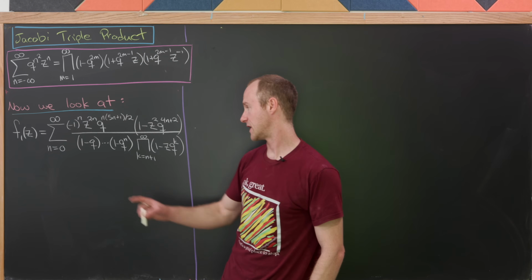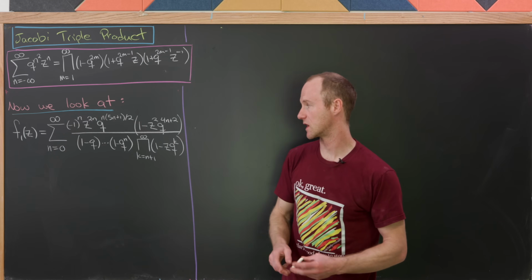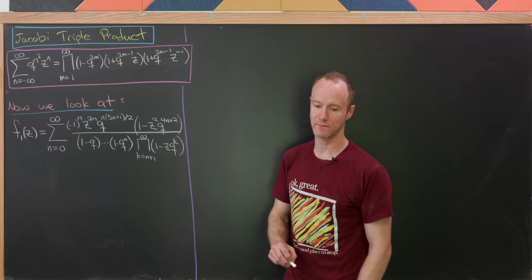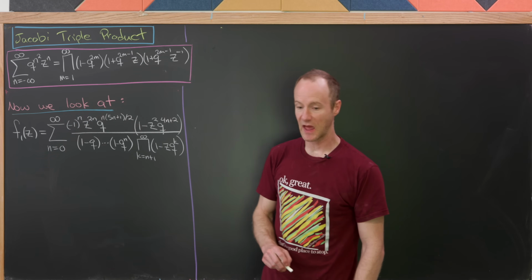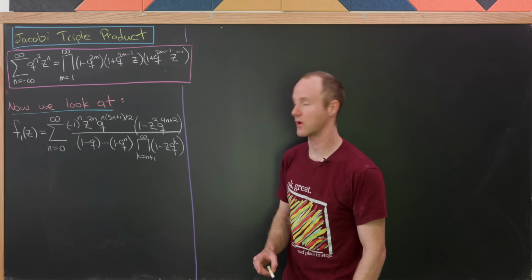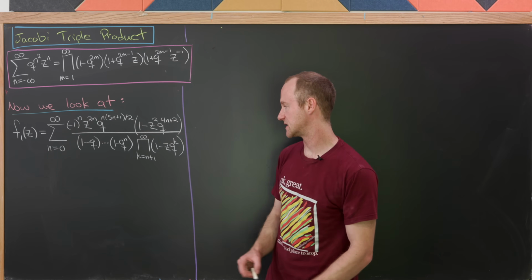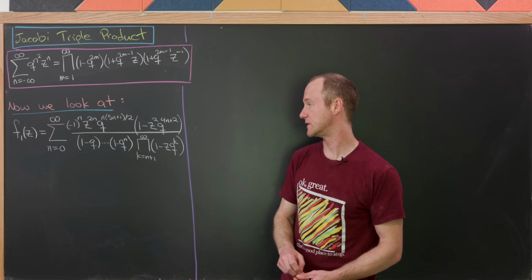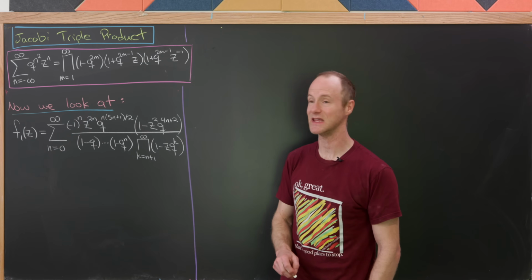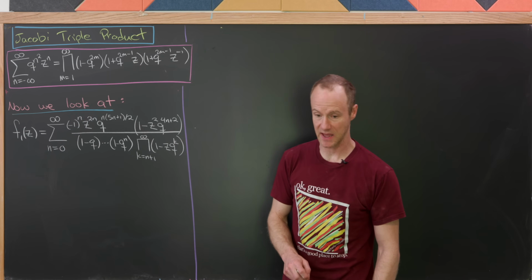And then in the denominator, we've got this rising product, 1 minus q all the way up to 1 minus q to the n. And then we pick up with an infinite product, and that's the product as k goes from n plus 1 to infinity of 1 minus z times q to the k.